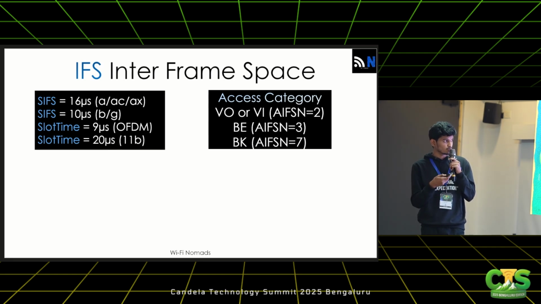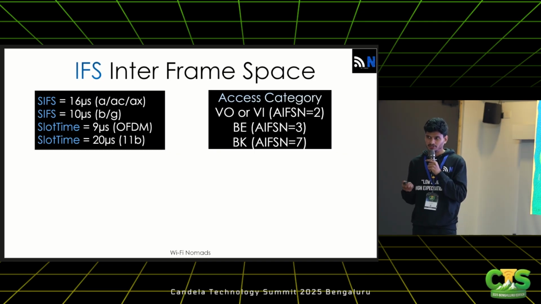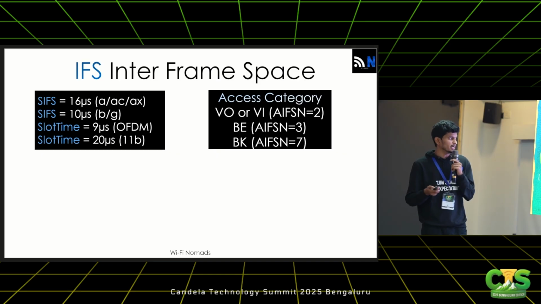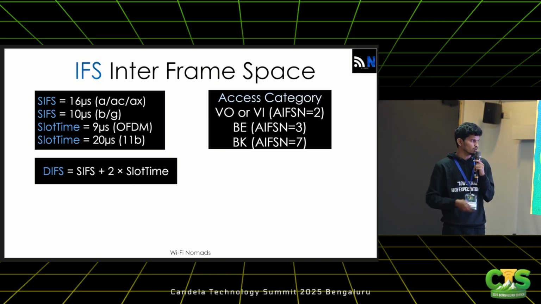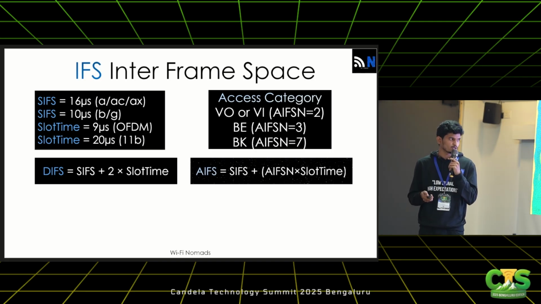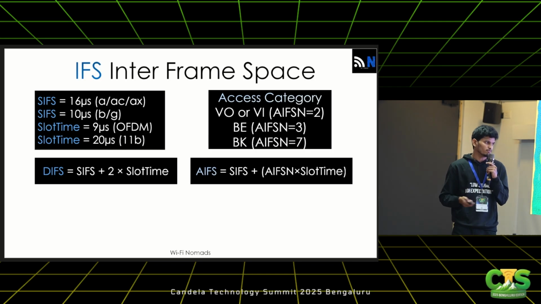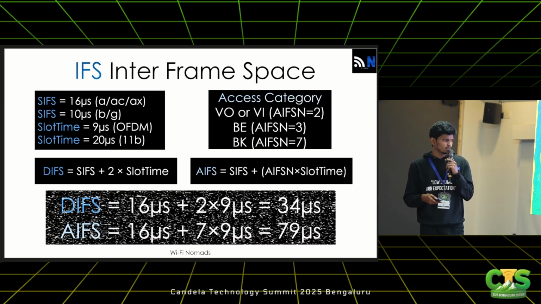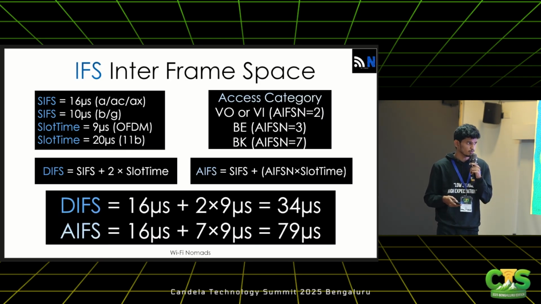Using those access category AIFSN values, we calculate the AIFS, or the wait time. In DIFS, it is simple: you multiply two with the slot time and add that to the SIFS. Whereas in AIFS, you multiply with the AIFSN number. This is a simple formula as an example.